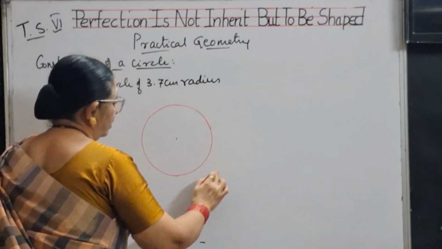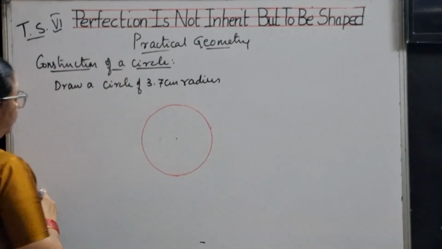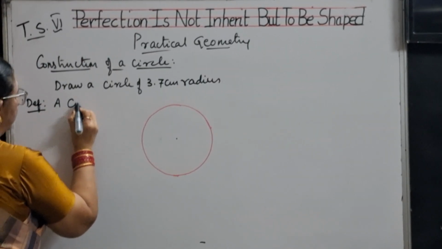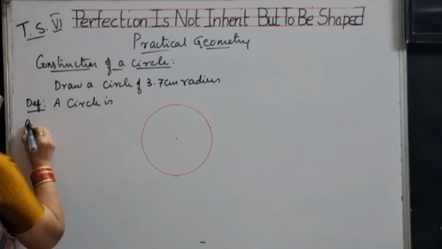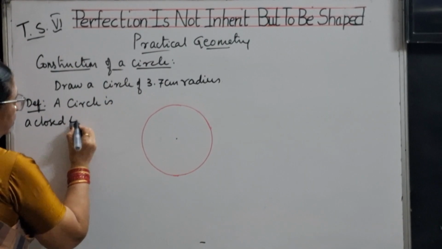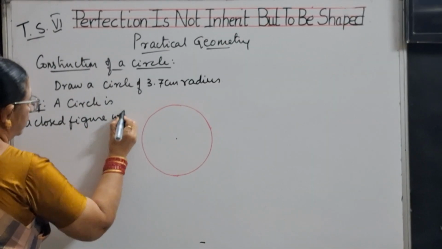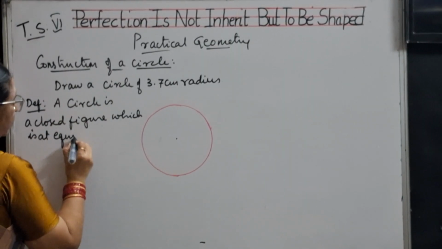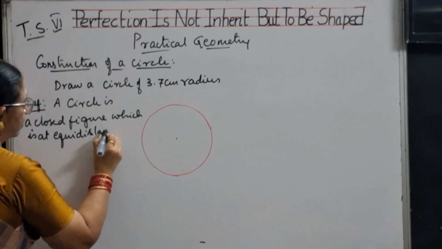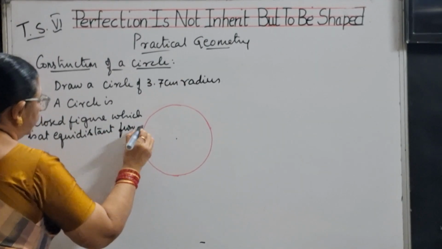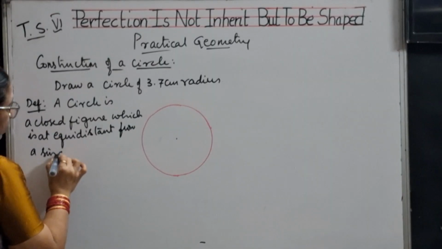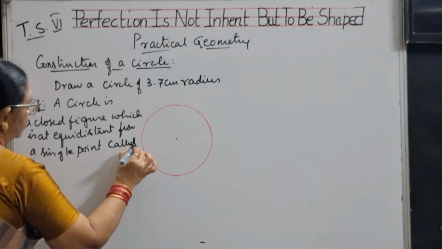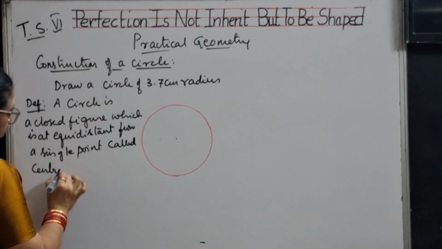A circle is a closed figure, if you want to write the definition of a circle, which is at equidistant from a single point called center.